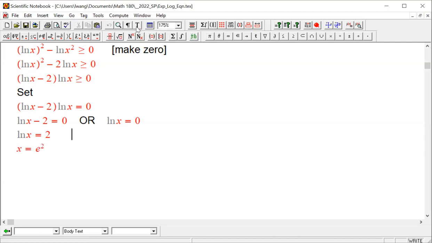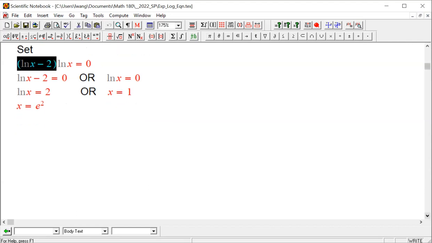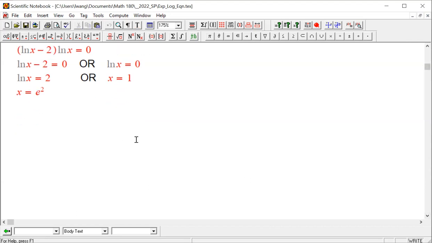On the other side, we just get x equals to 1, right? So we get 2 solutions. So these are the places that ln x changes sign.